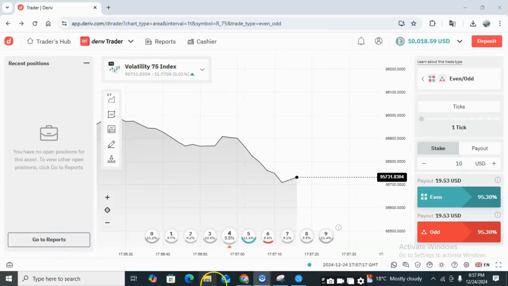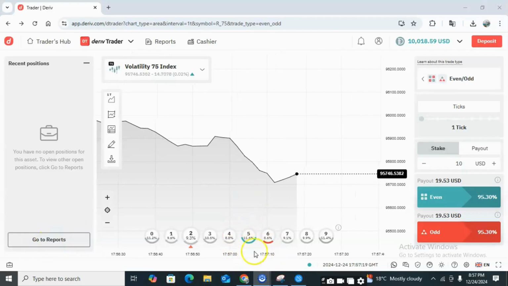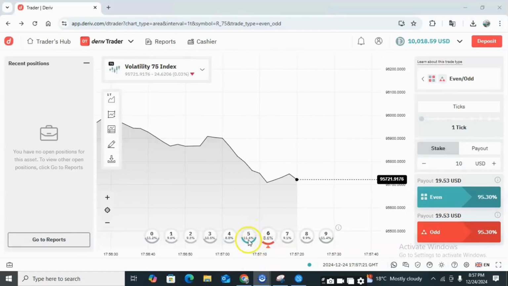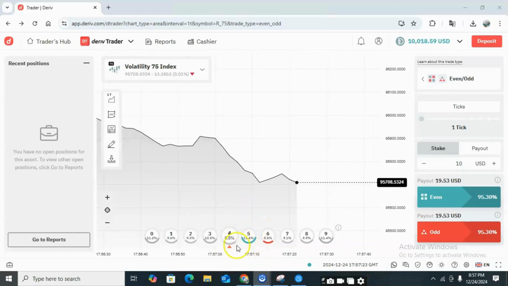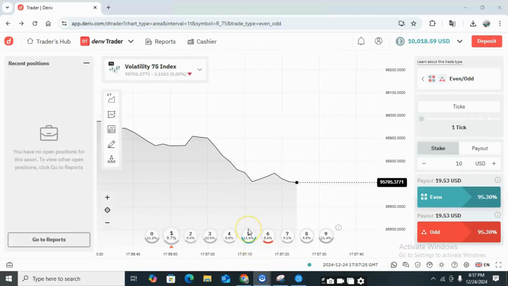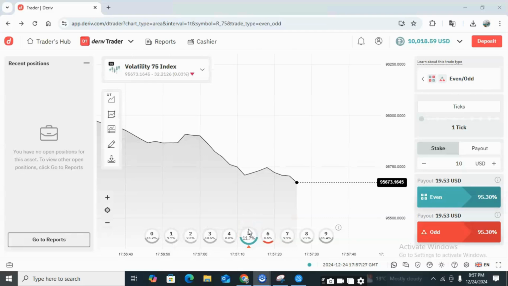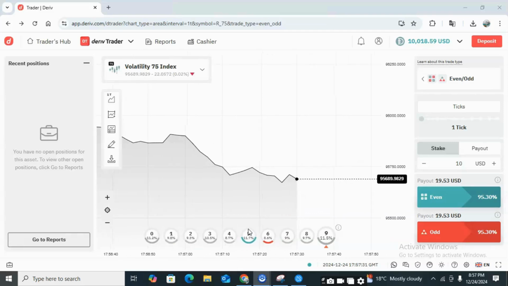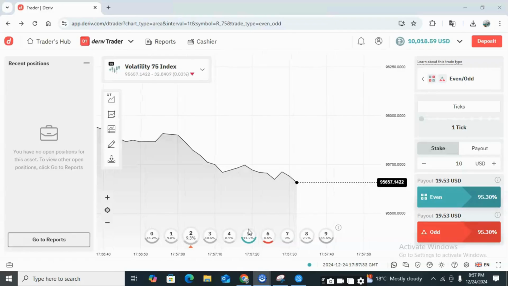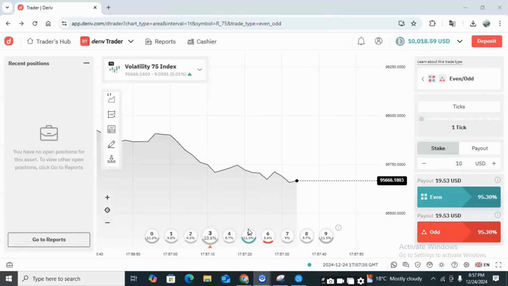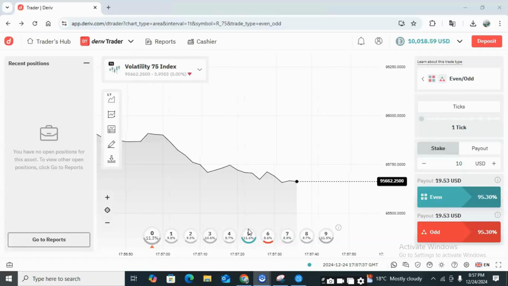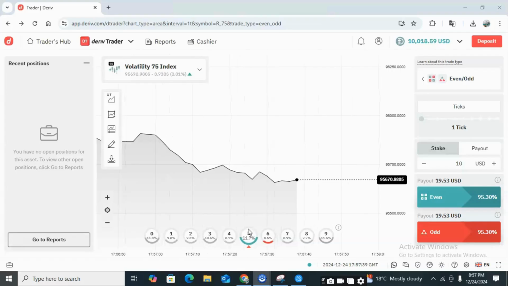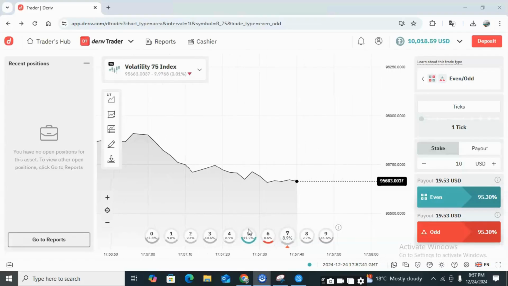So here we are, guys. You can see the digit 5 has the green bar. All we have to do here is wait for the digit to go to more than 12%. But before that, let me give you the entry point. For the entry point, we are going to wait for the cursor to touch any even number 3 times, and then we enter odd.